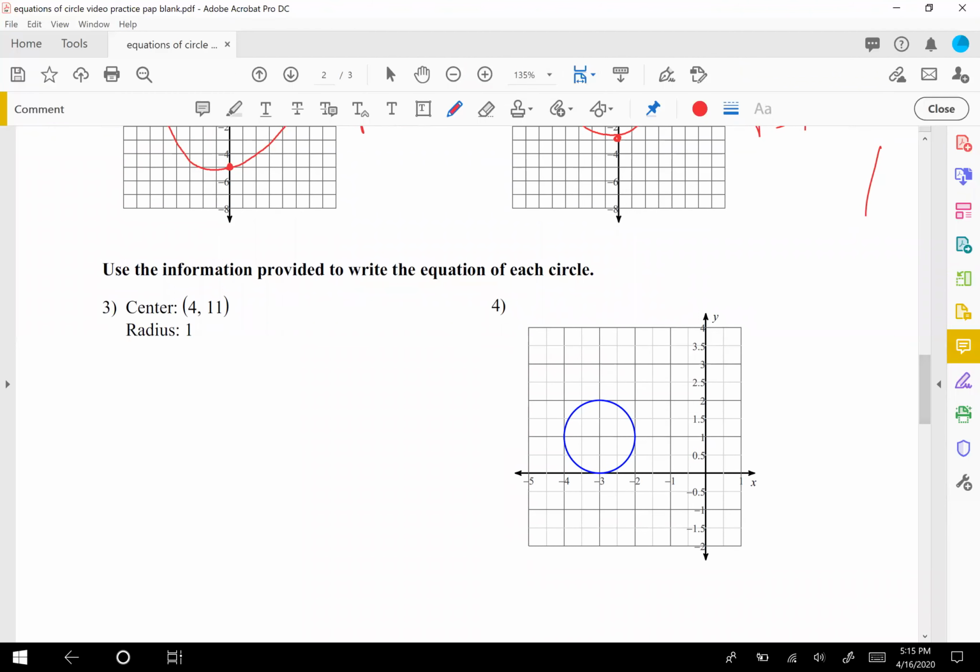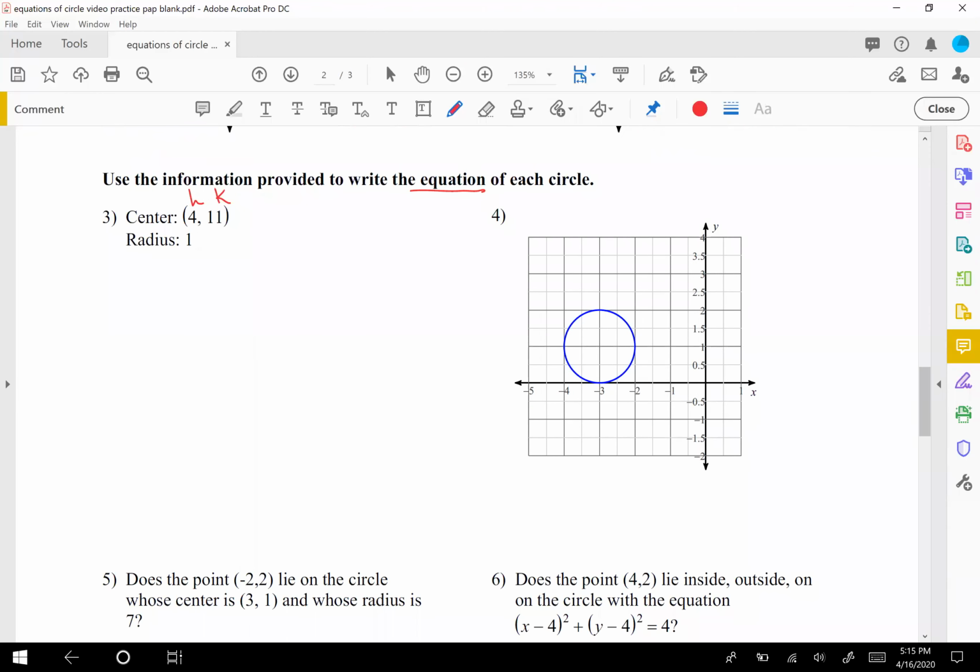We will have the center at (4, 11) and then a radius of 1. So they're giving us the center and the radius, and they want us to write the equation. So center, this is H. This is K. So we will go on ahead. It's X minus H, so X minus 4 squared, plus Y minus K, which is 11, squared, and then it's got to be equal to R squared.